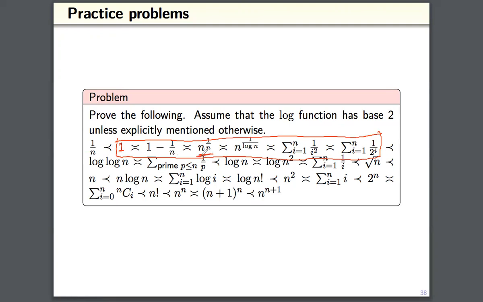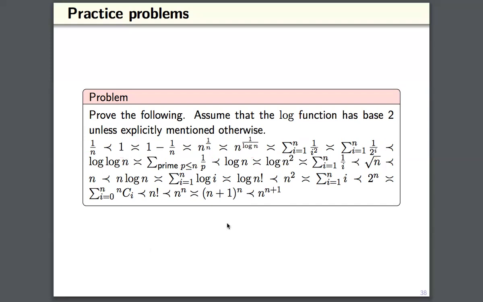That means even 1 trillion power 1 by 1 trillion is a constant. And n power 1 by log n is in the same set. Sigma 1 by i squared is in the same set. It's just a constant. Sigma 1 by 2 power i is in the same set. So similarly, you will be able to compare these functions.